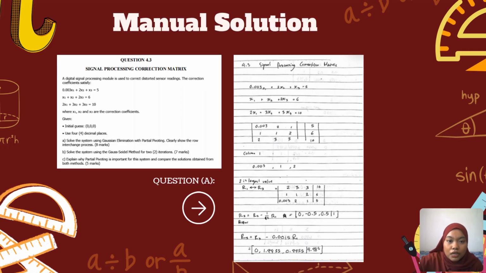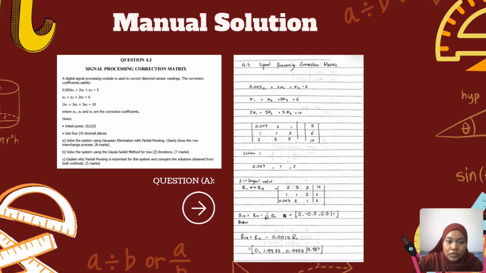For question A, we solve the system of linear equations using the Gaussian elimination method with partial pivoting. First, the coefficient matrix was transformed into an upper triangular matrix through the elimination process.